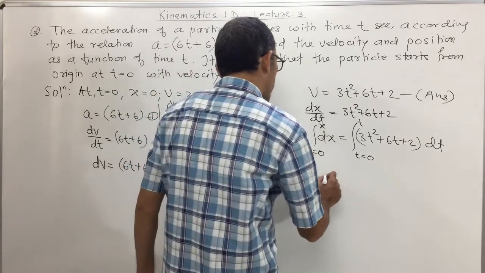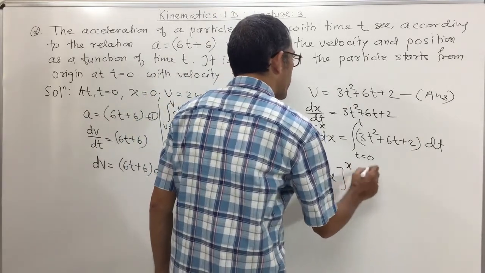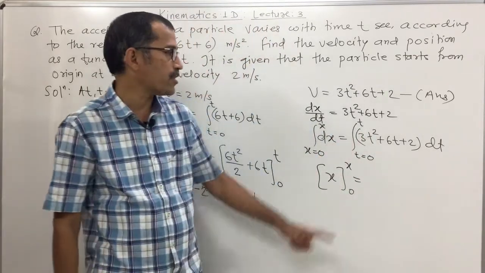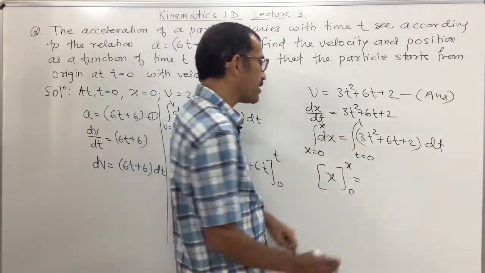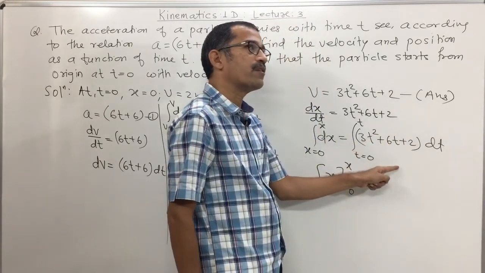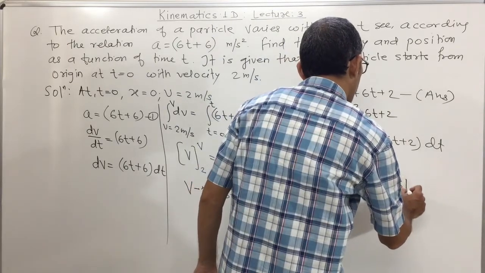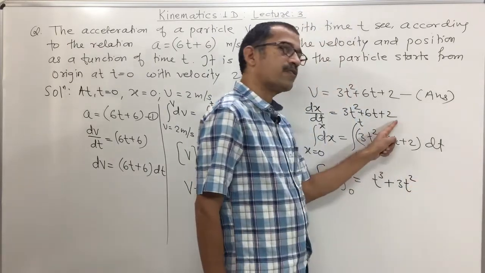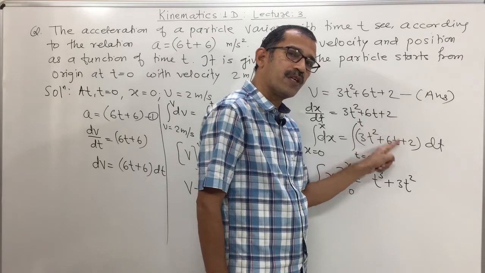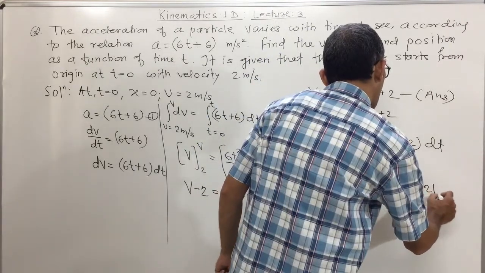Integral dx is x, varying from 0 to x, equal to the integral of 3t square, which gives 3t cube by 3, that is t cube. Then 6t square by 2, meaning 6 by 2, which is 3, so 3t square. Plus 2t.